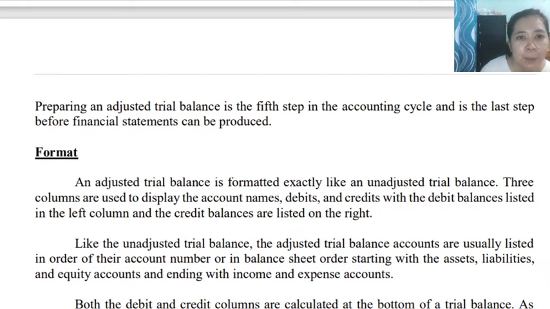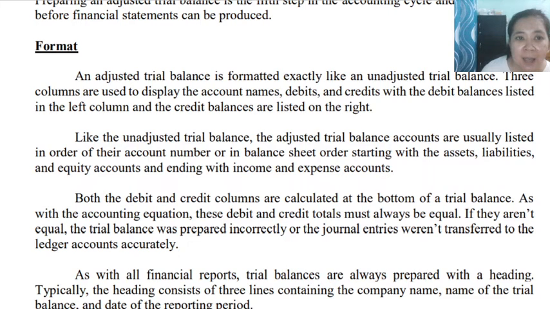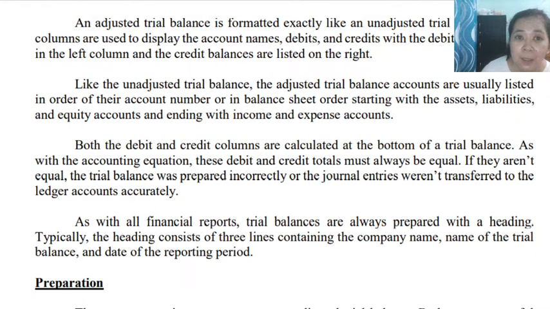What is our format? Our adjusted trial balance is exactly like our unadjusted trial balance. It will also display the account titles, debit and credit columns, and usually the same listing will be followed.